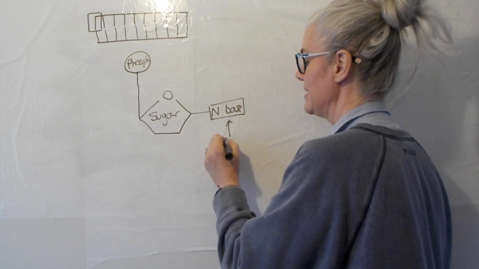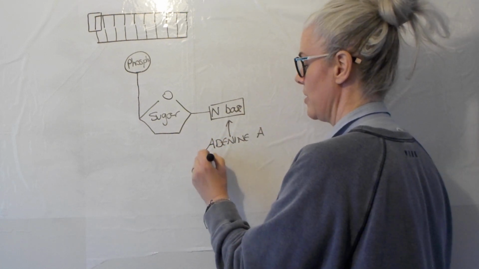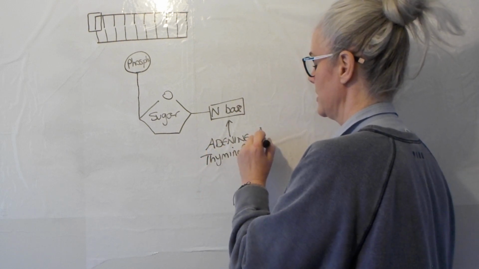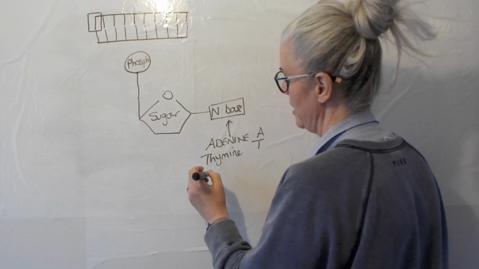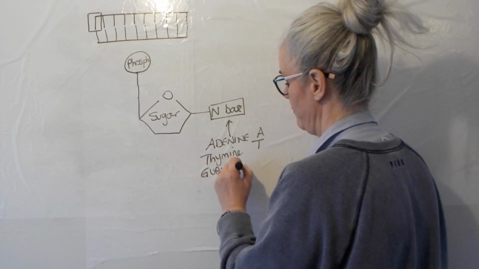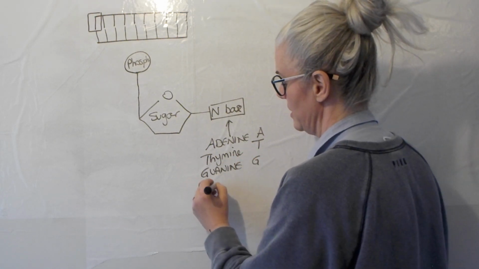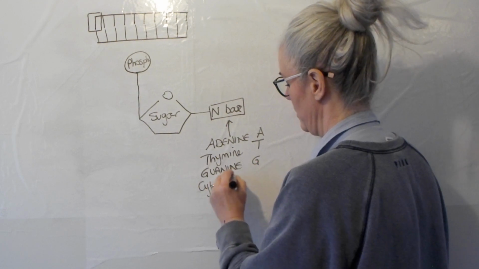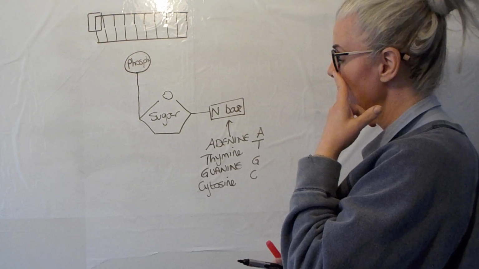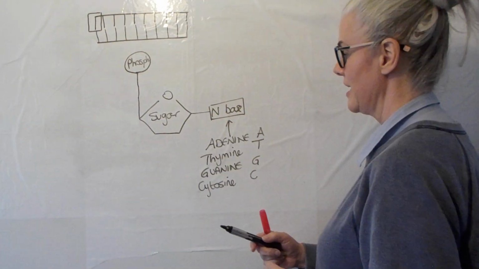It can be adenine, which is an A, it can be thymine, which is T, it can be guanine, which is G, and it can be cytosine, which is a C. Okay, so that's the basics of it. They're the only bits that change. The sugar and the phosphate stays exactly the same.